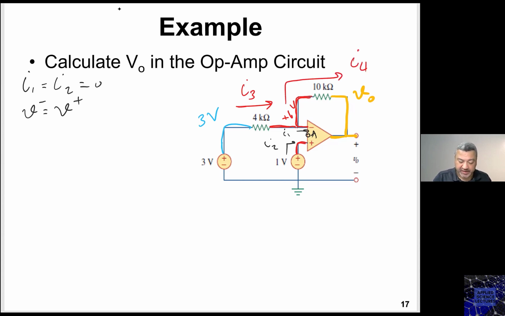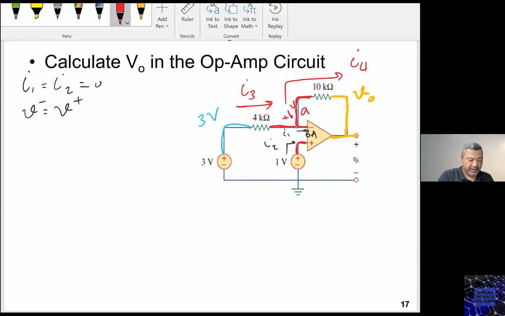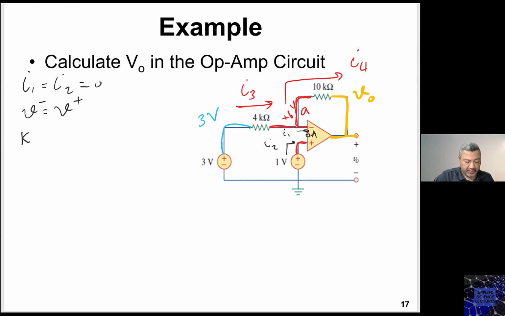Let me call this node A. If I apply KCL at A, I get minus I3 plus I4 equals 0, or I3 equals I4. What is I3?